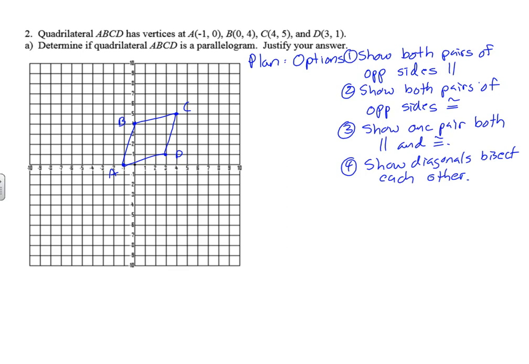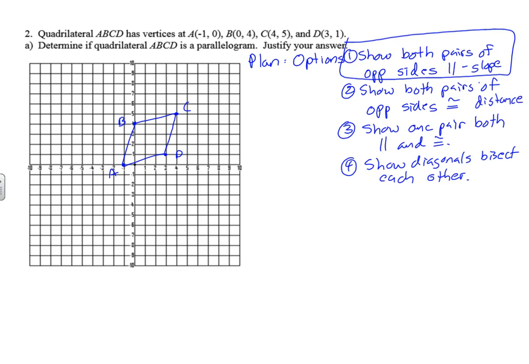Now for me, when I think about a parallelogram, probably my preferred method, the one that comes to me quickly, is both pairs of opposite sides are parallel, and I'm going to understand that that would be the slope formula. Okay? If you wanted to do the next one, it would be the distance formula.